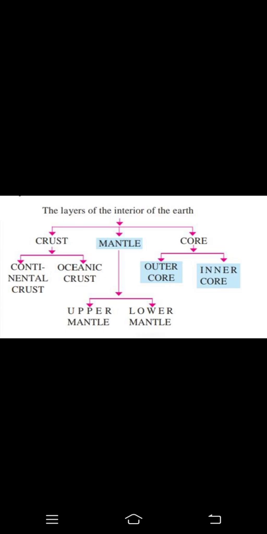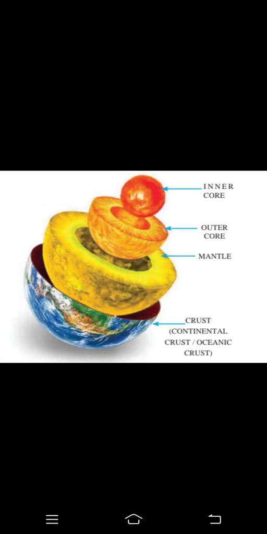Let me go to the picture again. The core that you see, the inner core and outer core, we have volcanoes over there. So when the surface area touches the volcano, it has to go through the mantle surface, the upper and inner layer of the mantle.